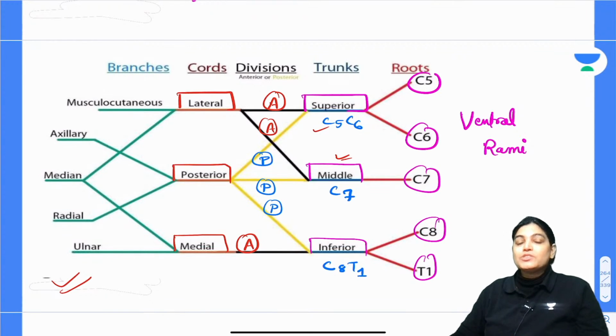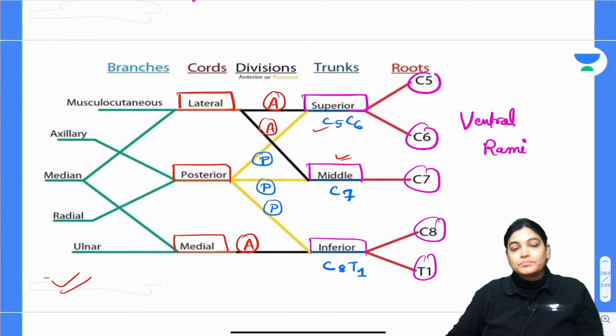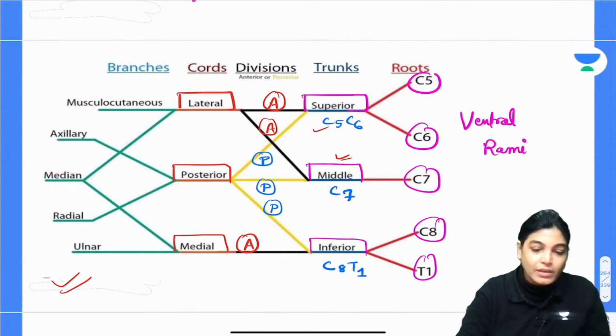If you remember the previous session, we also discussed the branches of medial cord by the mnemonic 4M and U: medial cutaneous nerve of arm, medial cutaneous nerve of forearm, medial root of median nerve and medial pectoral nerve, and U for ulnar nerve. Same way, the branches of posterior cord can be memorized by the mnemonic RATS: R for radial, A for axillary, T for thoracodorsal, S for upper and lower subscapular.